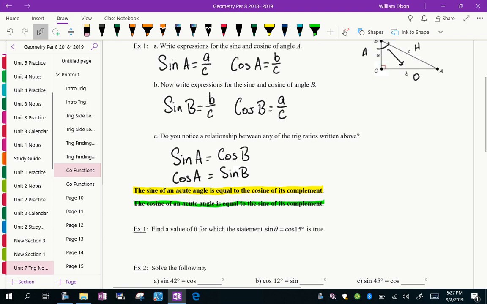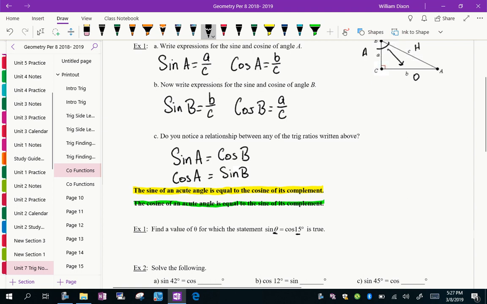All right. So example 1 says, find the value of theta for which the statement sine theta equals cosine 15 degrees is true. So how would we make that true? Well, if I have two complementary angles, we know they have to add up to 90 degrees.